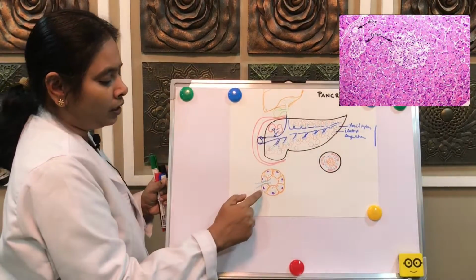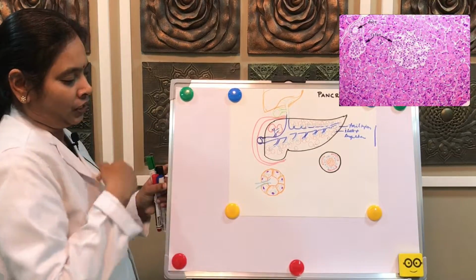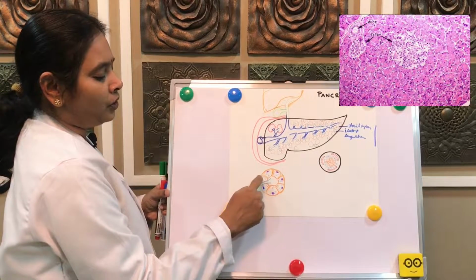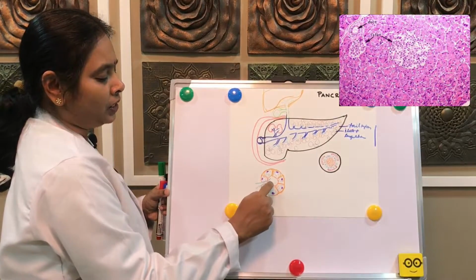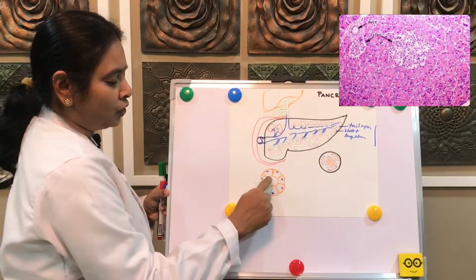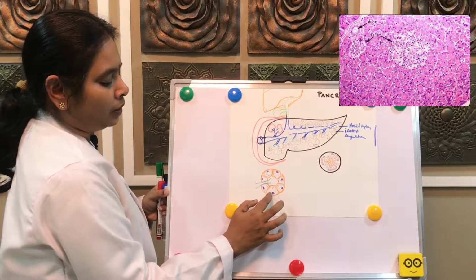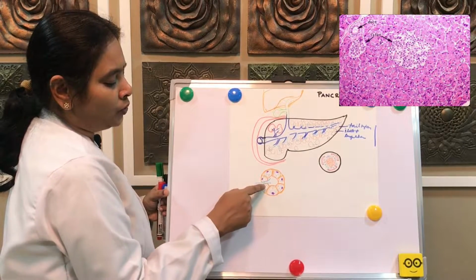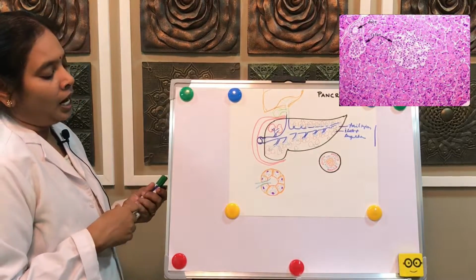The exocrine part is made up of the secretory acinus. This is one secretory acinus, which is lined by pyramidal shaped cells. The lumen of the acinus is narrow in the central portion, and each pyramidal cell has a basal nucleus with many secretory granules situated in the apex of the cell.